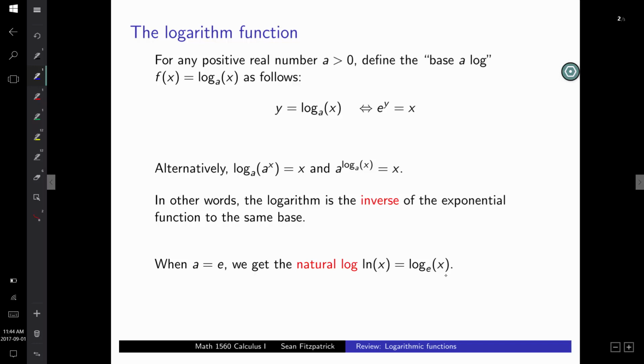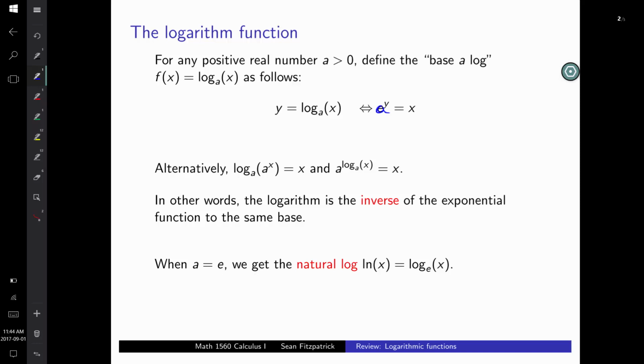Well, y is whatever exponent I need so that a to the power of y equals x, right? So it's reverse engineering the exponential function. I want my exponential function to give me a particular y value, and I'm trying to figure out what x value I need to obtain that y value. That's what the logarithm is doing for me.